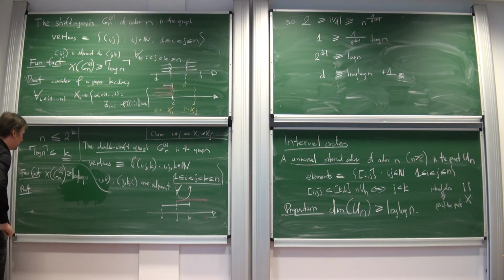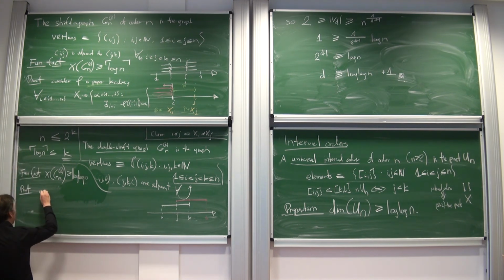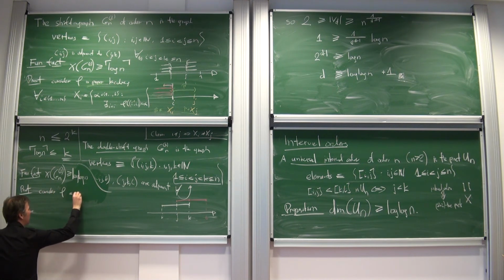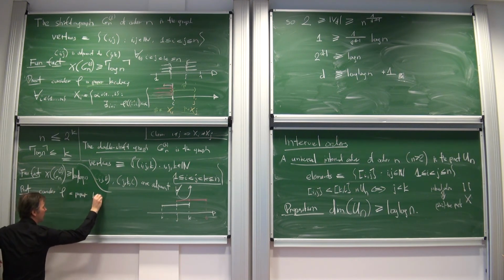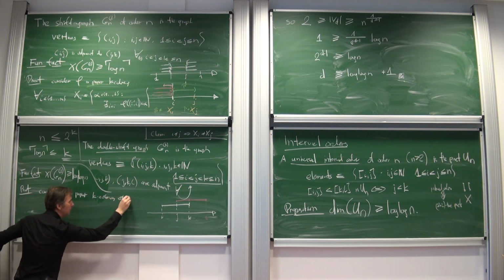In order to prove it, we take a coloring again. So consider again phi, a proper k-coloring of G_n^3.